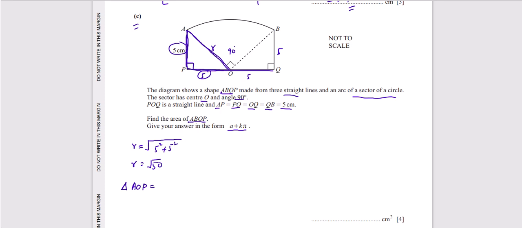The formula for the area of a triangle is base multiplied by height divided by 2. Area of AOP is equal to, base is 5, height is also 5, divided by 2.